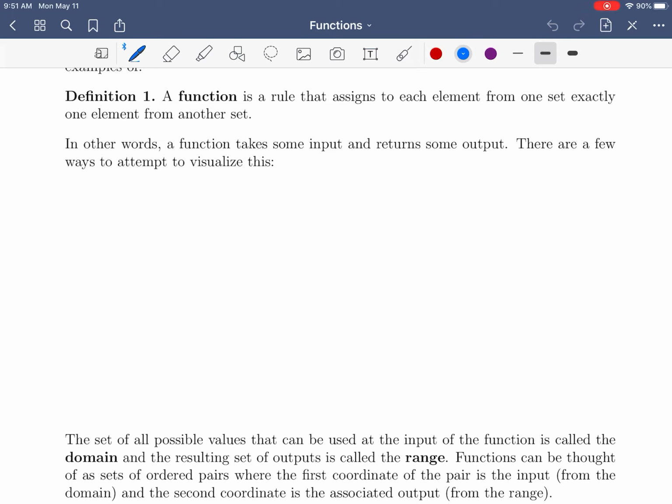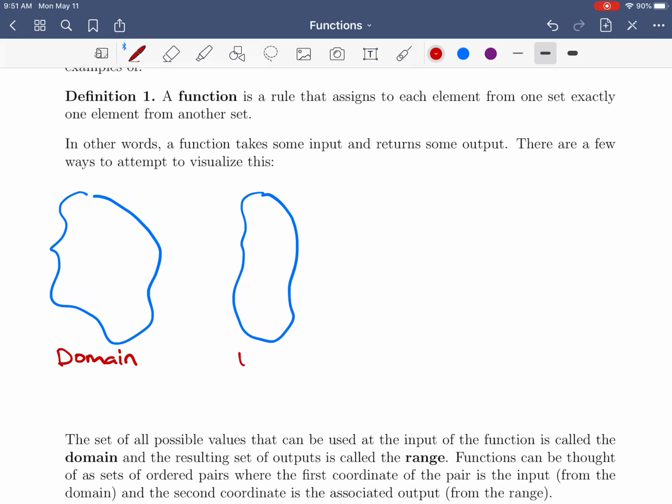There are a few ways to visualize what's happening here. Let's say we have one set over here. This is going to be our domain set. And then another set over here, this is possibly our target or codomain. Now maybe in our domain we have the elements A and B. Maybe in our target we have an A, a 1, and maybe a 2.